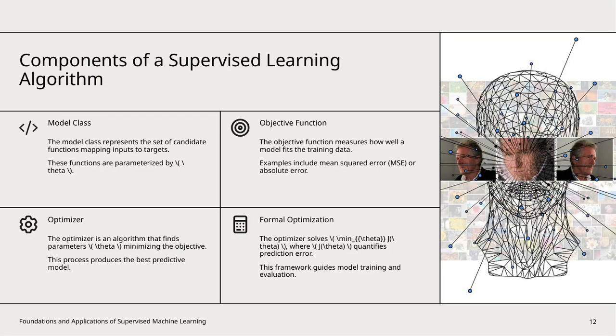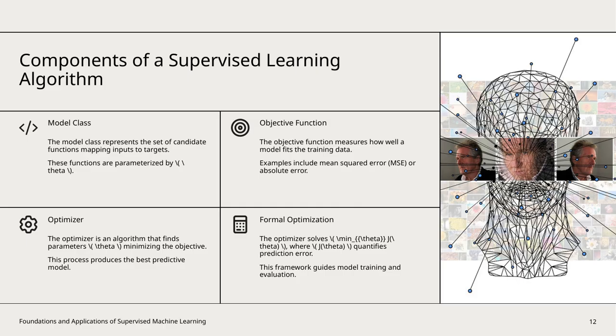Now, let's take a closer look at the formal optimization process in supervised learning. The core idea here is that our optimizer is tasked with solving the problem of minimizing a function, which we denote as J of theta. This J of theta essentially quantifies the prediction error, how far off our model's predictions are from the actual data. By minimizing this error, we're guiding the training of our model and setting the foundation for evaluating its performance.